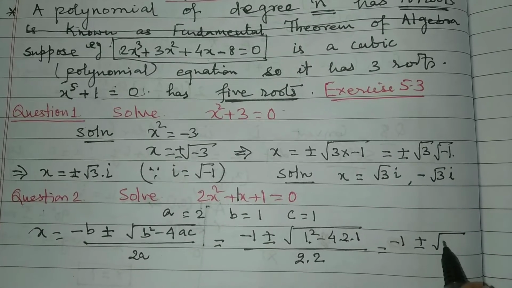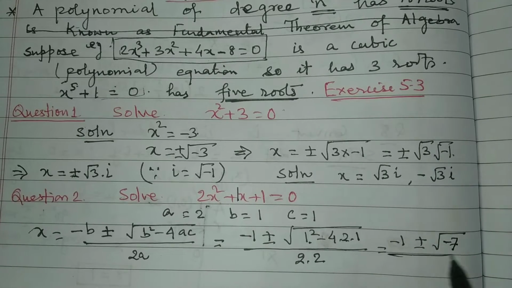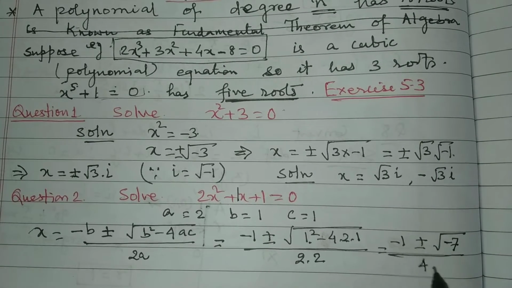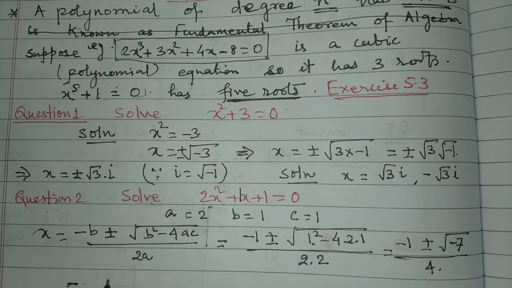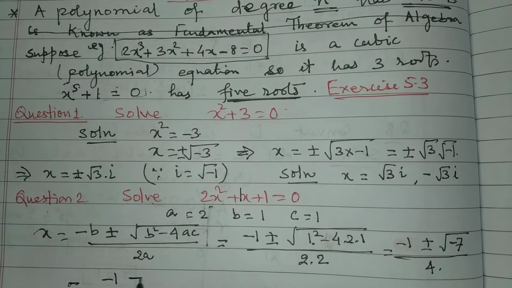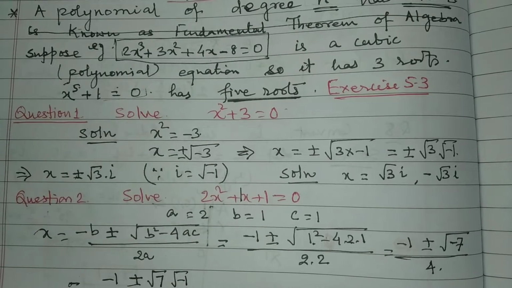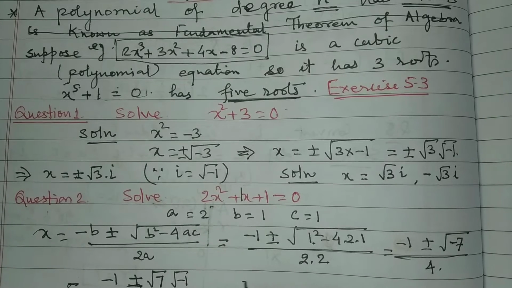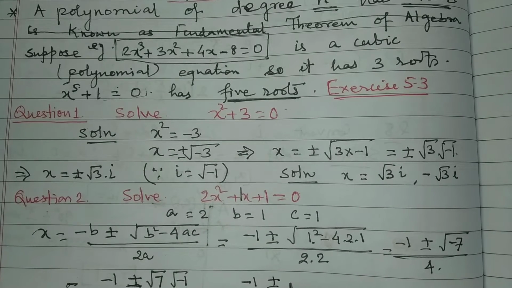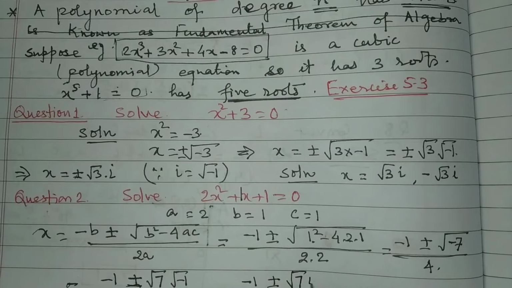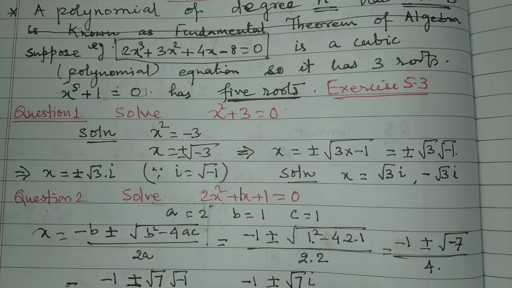So minus 1 plus minus root under minus 7, divided by 4. Now this can be written as minus 1 plus minus root 7 into root under minus 1, and therefore it is equal to minus 1 plus minus root 7 i by 4.